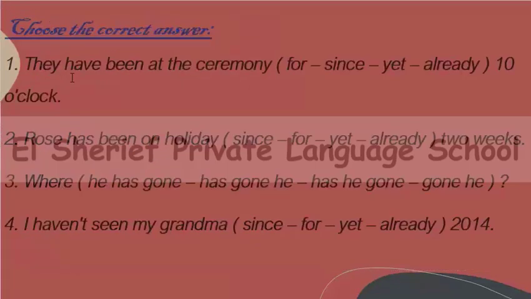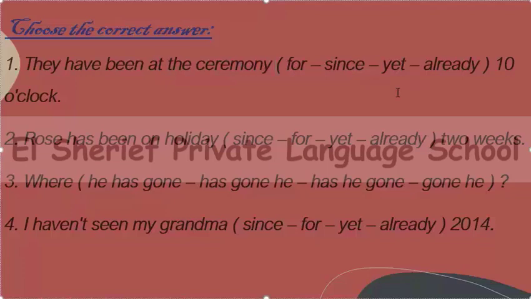The next one. They have been at the ceremony for, since, yet, already 10 o'clock. Yet comes in the negative sentence and at the end of the sentence. Already comes between the helping verb and the main verb. So we have for and since.